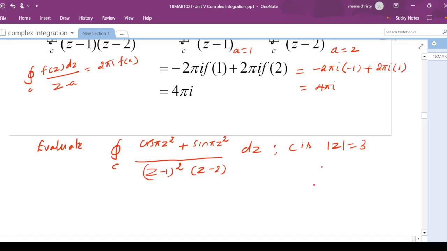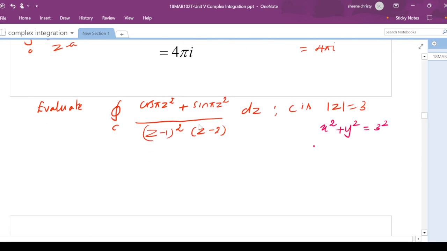So mod z equal to 3 means it is talking about the circle x square plus y square equal to 3 square. Okay.